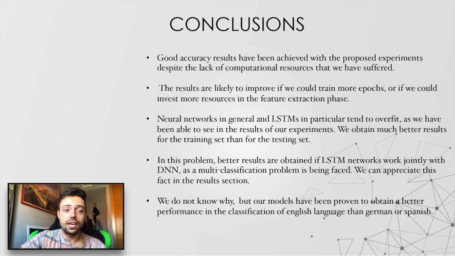The results are likely to improve if we could train for more time and more epochs, and that could be done with more resources. Neural networks, we have learned, tend to overfit. As we can see in the results, we obtain much better results in the training and validation phases than in the test phase.